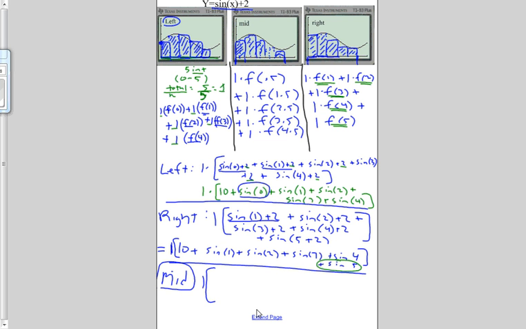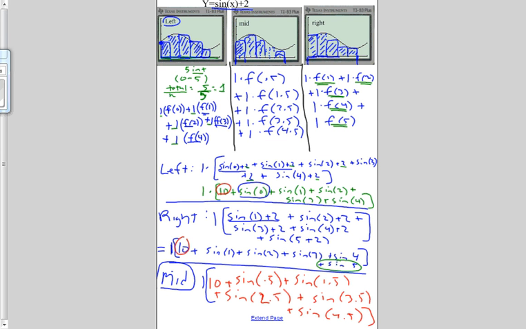I'm going to get this 10 out in front. So I'm going to get 10 plus sine of 0.5 plus sine of 1.5 plus sine of 2.5 plus sine of 3.5 plus sine of 4.5.